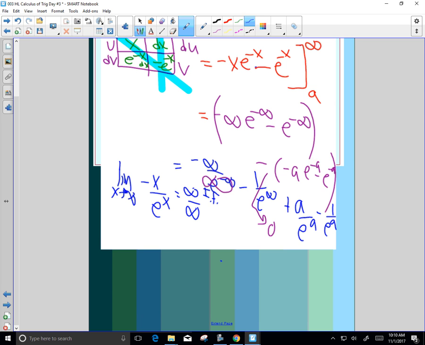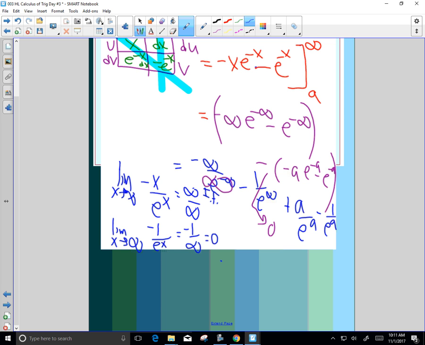But if you took the limit as x approaches infinity, what's the derivative of x? Negative 1. What's the derivative of e to the x? E to the x. What is negative 1 over e to the infinity? 0.